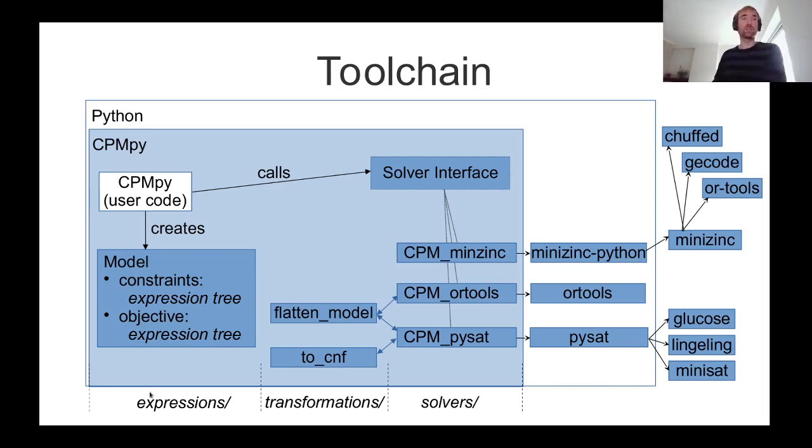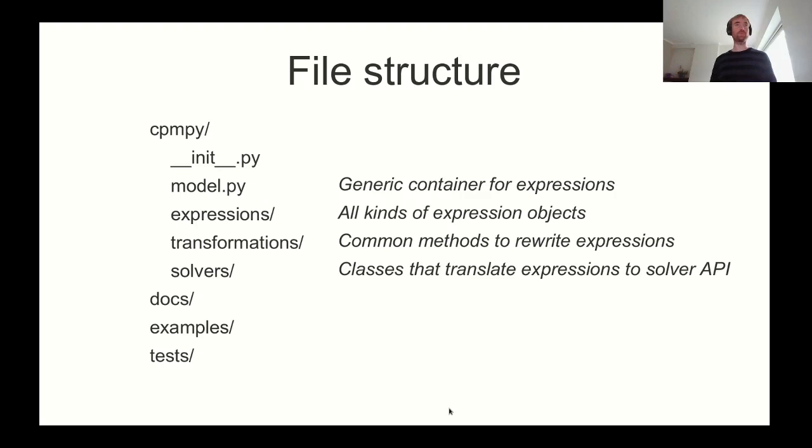Okay. Now the code structure that we have: everything that has to do with the expressions is in the expressions folder, everything that has to do with transformations is in the transformations folder, and everything that has to do with solver interfaces is in the solvers directory. So this is what the file structure of the code looks like.